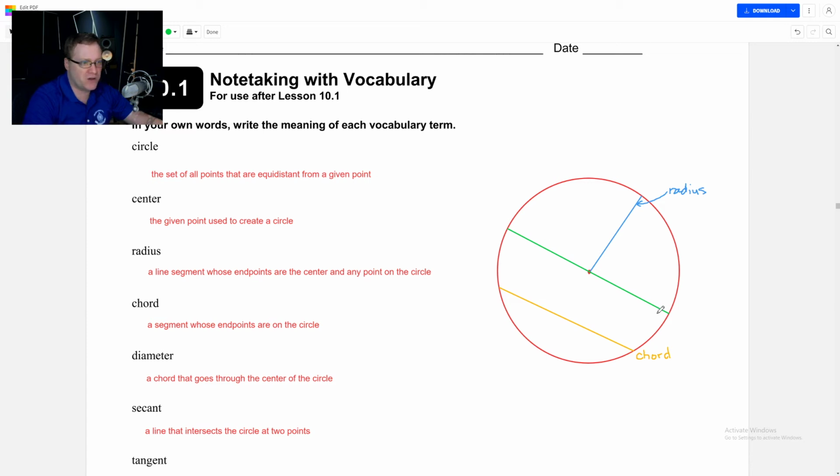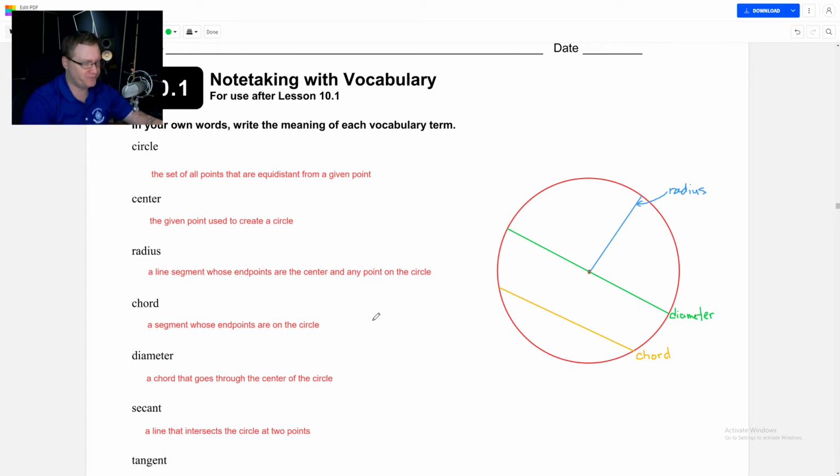I'll write it here, D-I-A-M-E-T-E-R. Diameter. It's kind of ugly, I'm sorry. But this green line is a diameter. The blue line is the radius, the green line is a diameter, and the yellow line is a chord.